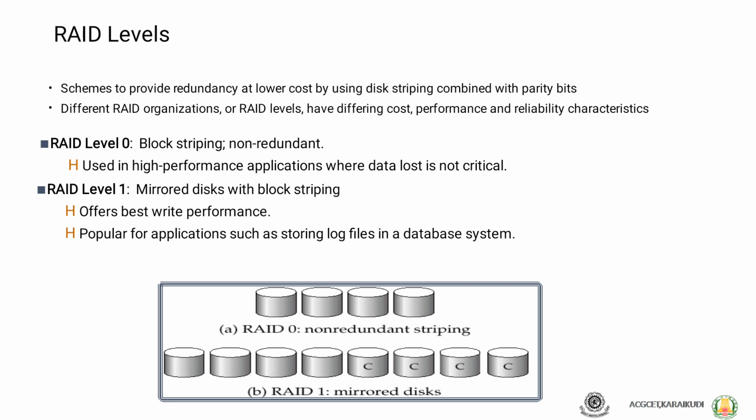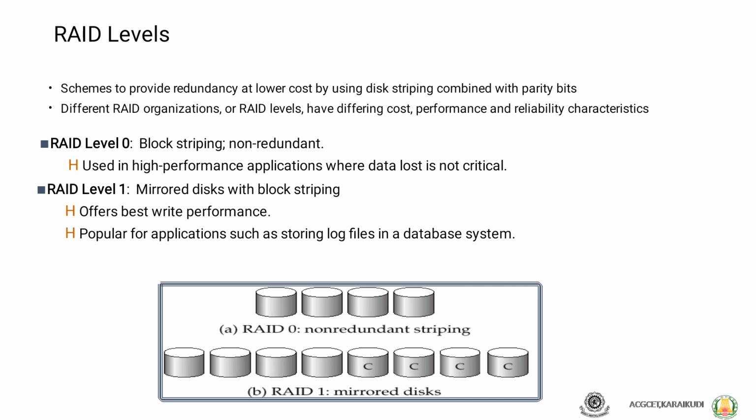Data striping is performed at the level of blocks. It is used in high performance applications where data loss is not critical. RAID level 0 refers to disk arrays with striping at the level of blocks but without any redundancy, such as mirroring or parity bits.